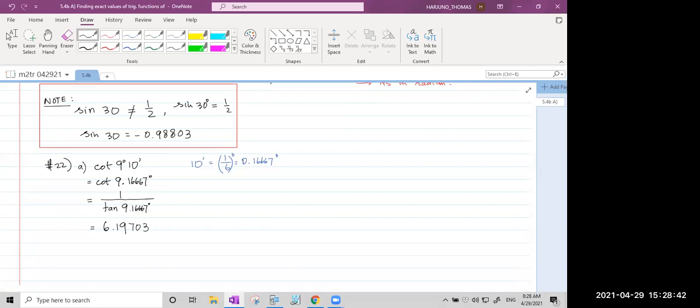How about 24B? Secant 0.26. Now, no degree sign, it must be in radian, right? Change it into one of the primary trigonometric functions first.